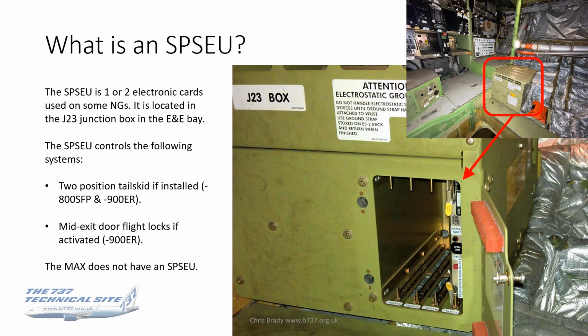A two-position tailskid, if installed, so that would be the 800 SFP and the 900 ER, and mid-exit door flight locks, if activated, and they're on just the 900 ER. The MAX doesn't have an SPSEU. It all got integrated into the MAX versions of the PSEU.